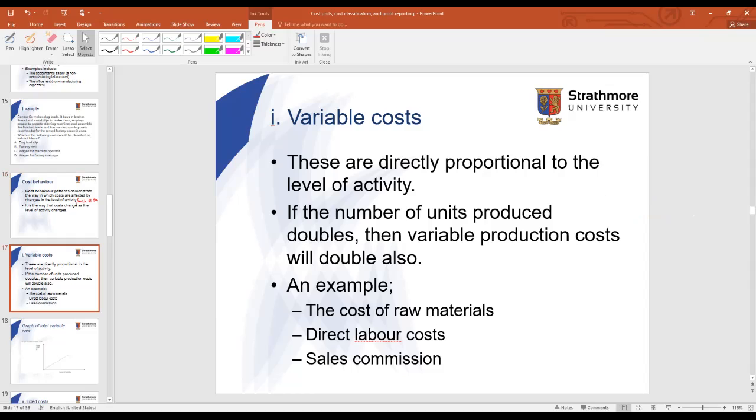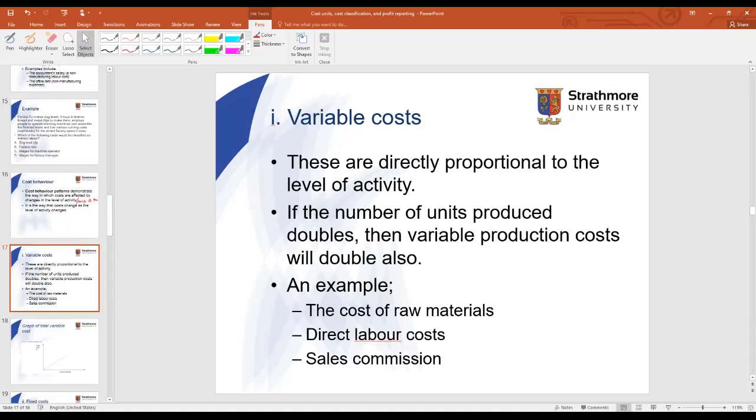If we produce more Omo, we are consuming more of the ingredients. More manpower is put into producing those Omos, and more electricity is consumed since the machine is running more. That we therefore call a variable cost: it varies in line with the numbers we are producing.